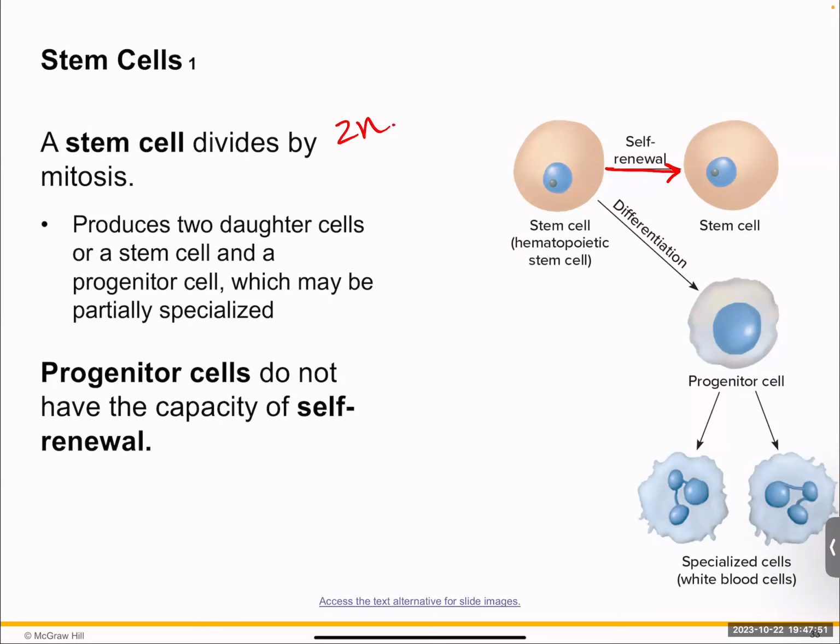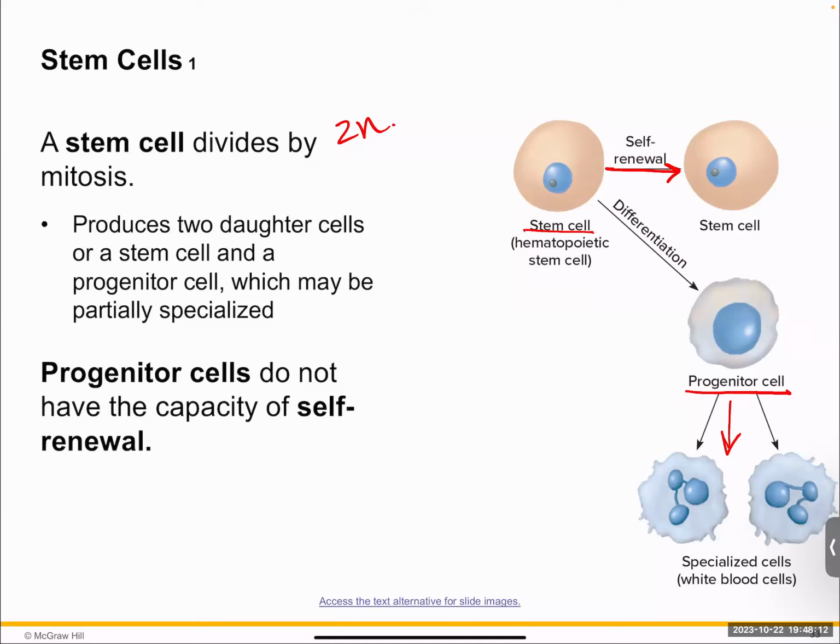The differentiation process creates cells called progenitor cells. The progenitor cells do not have the capacity to self-renew. So you notice that they only go in one direction, versus a stem cell, which has the capacity to renew or differentiate.